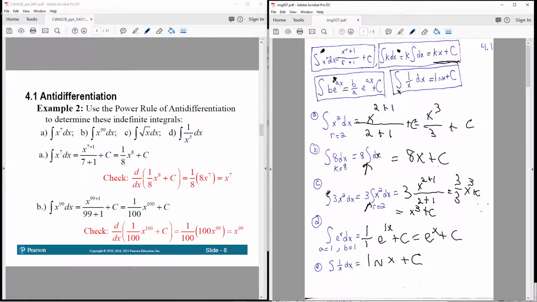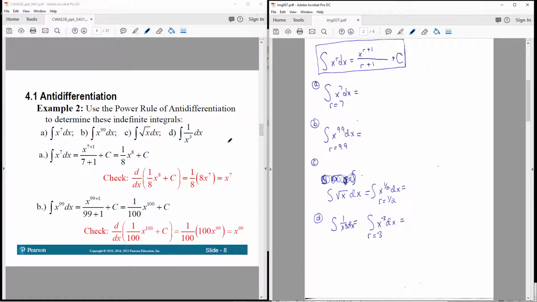Let's look at some more examples. In this first one, we have a power where r is 7. So what I'm going to have here is x to the 7 plus 1 over 7 plus 1 plus c, which is equal to 1 over 8 x to the 8th plus c.